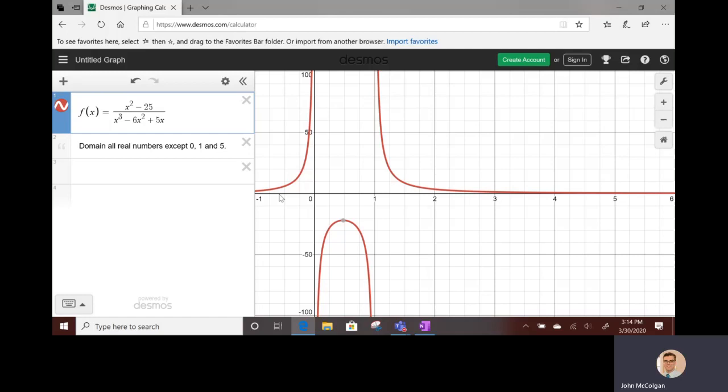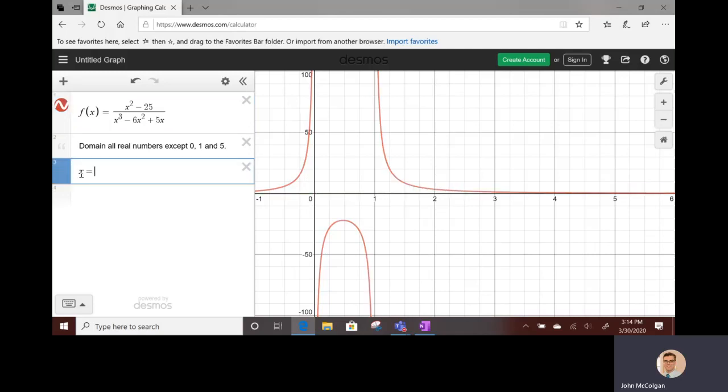That's if I'm approaching from the left. If I'm approaching from the right, and I make my x values get closer and closer to 0, it looks like my y values are going to -infinity. So this is a pretty good indication that we have a vertical asymptote at x equals 0.